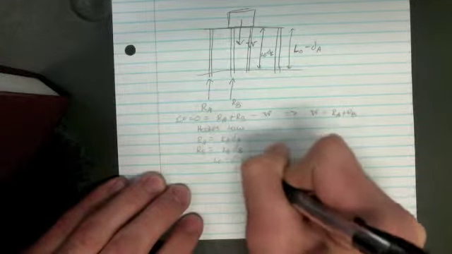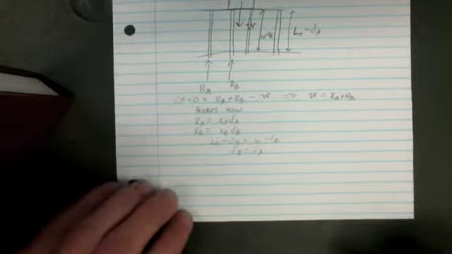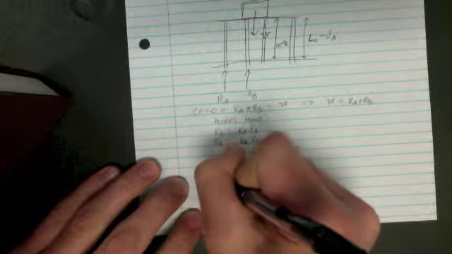So the displacement of spring A has to equal the displacement of spring B. Then we combine our two Hooke's law equations and add those together.